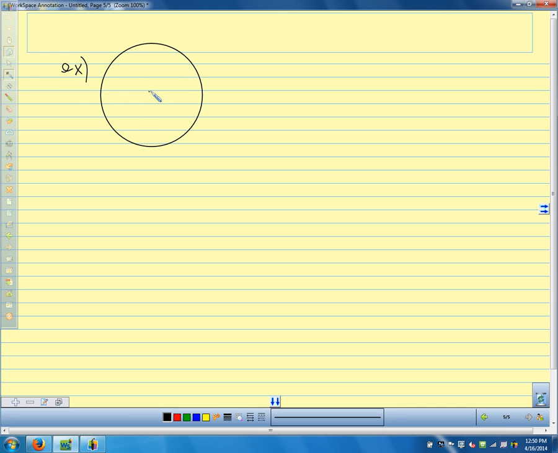So here's my circle, and we're going to make this a 90-degree angle, with a radius of 7 inches, and we want to find the area of the segment.